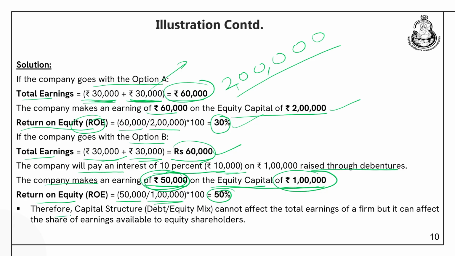So, you see, capital structure or debt equity mix cannot affect the total earnings of the firm, but it can have an effect on the share of earnings available to the equity shareholders, because 60,000 was the total earnings in plan A, and 60,000 was the total earnings in plan B. But when you see ROE, in plan A it was 30%, whereas in plan B it was 50%.